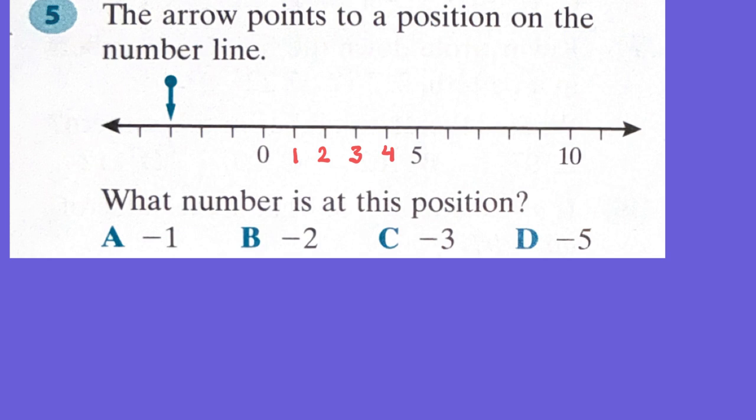We can look at now all the numbers below 0. They must be negative. So we start with -1, -2, -3, and -4. So when you look at the arrow, it points to a position on the number line, -3. And therefore our answer is C, -3.